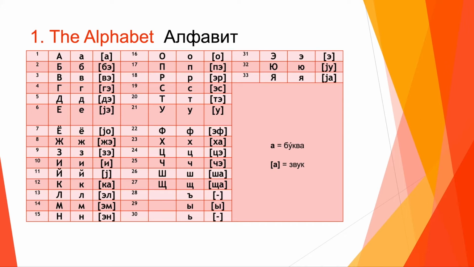So let me start with this. I'm gonna go from one letter to another. Each of those letters has a number, and you can see the capital letter, the small letter, and the pronunciation written in transcribed alphabet. Okay, let's get going.